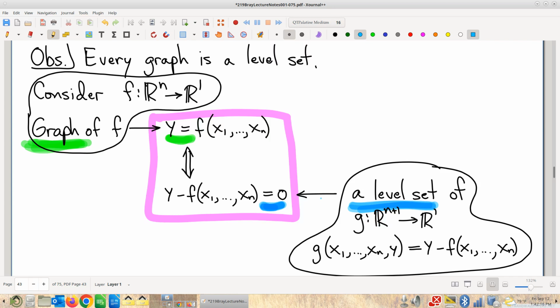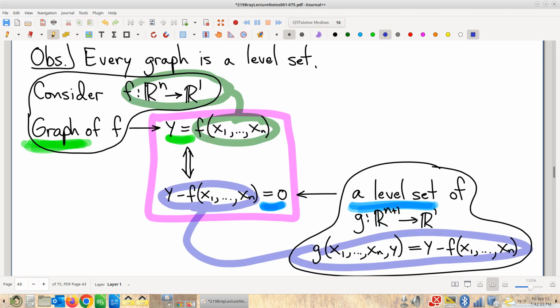Now, a sticky wicket, a common source of confusion and mistakes. The function whose graph you were looking at is not the same function as the function whose level set you turn that into. These are different functions.